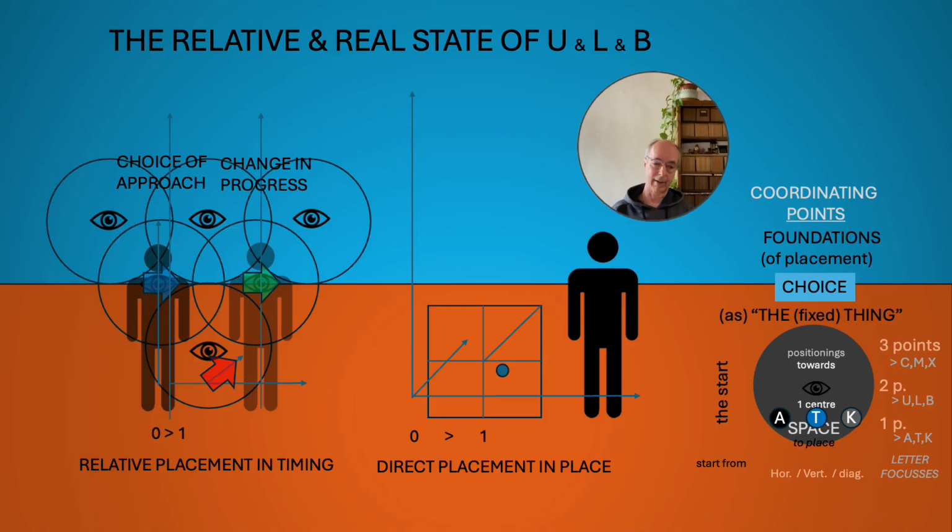The relative placement in timing will be a bit different because it's open to a couple of changes, and this all has to do with dimensions and with the higher dimensions as well, which maybe over time I will explain how I see them, but they are dependent on a lot of changes that can happen.